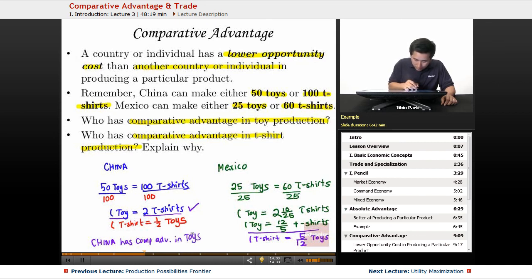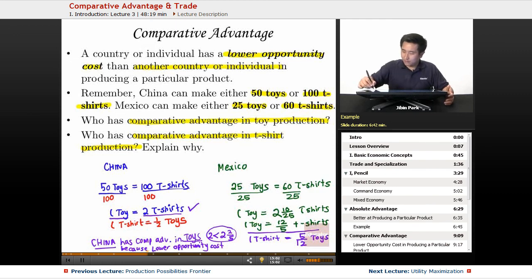Why? Because it has a lower opportunity cost. The reason is that 2 is less than 2 and 2/5, in terms of what's being given up in t-shirt production. So China has comparative advantage in toys here.